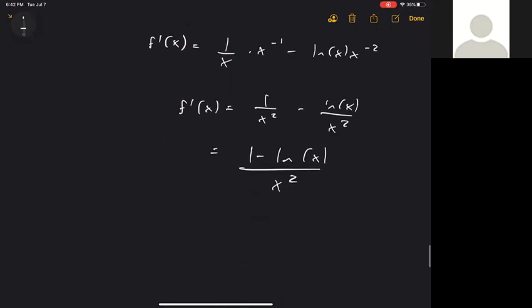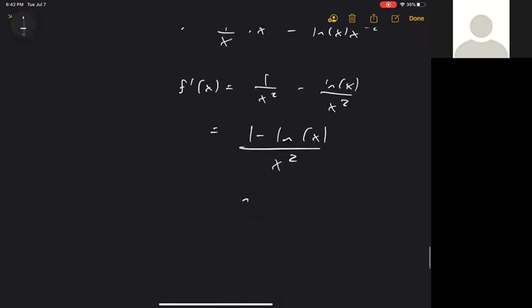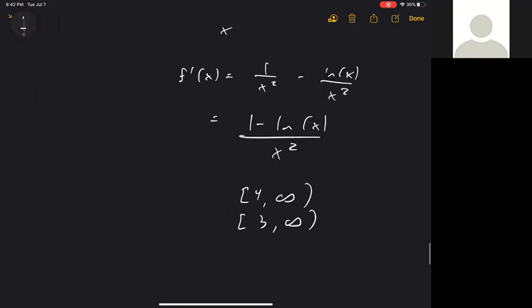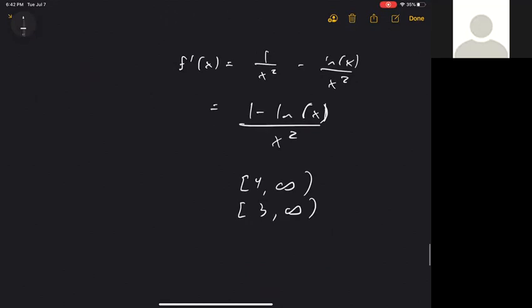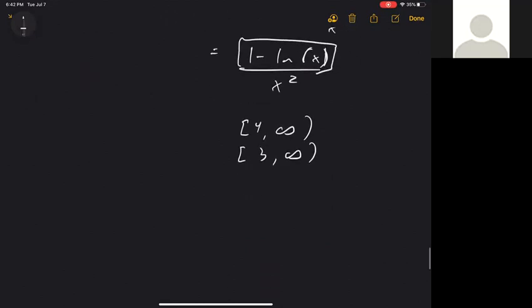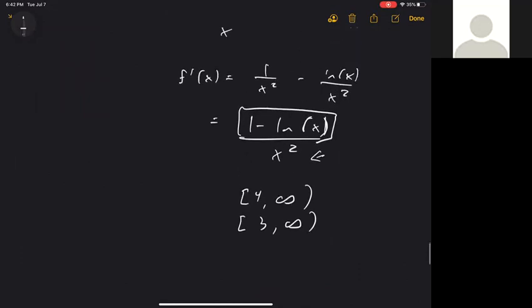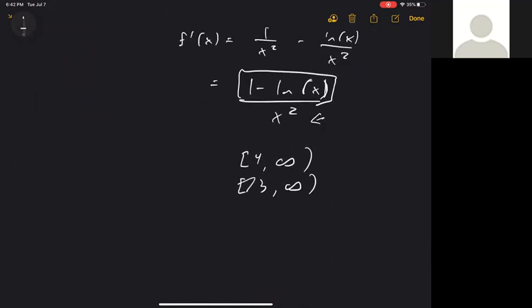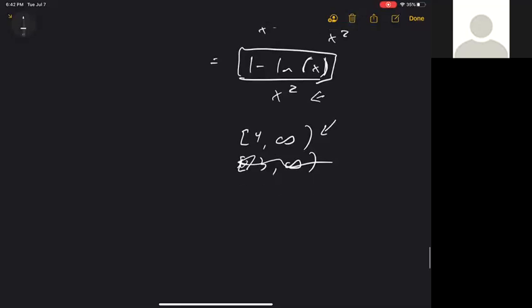Okay, so this is the derivative. Now, on the interval 4 to infinity, or we could do 3 to infinity, ln of x is greater than 1. So this top part will be negative, right? And then we're dividing a negative by a positive number. So that derivative is always going to be negative on 4 to infinity, meaning on that interval, my function's always decreasing.